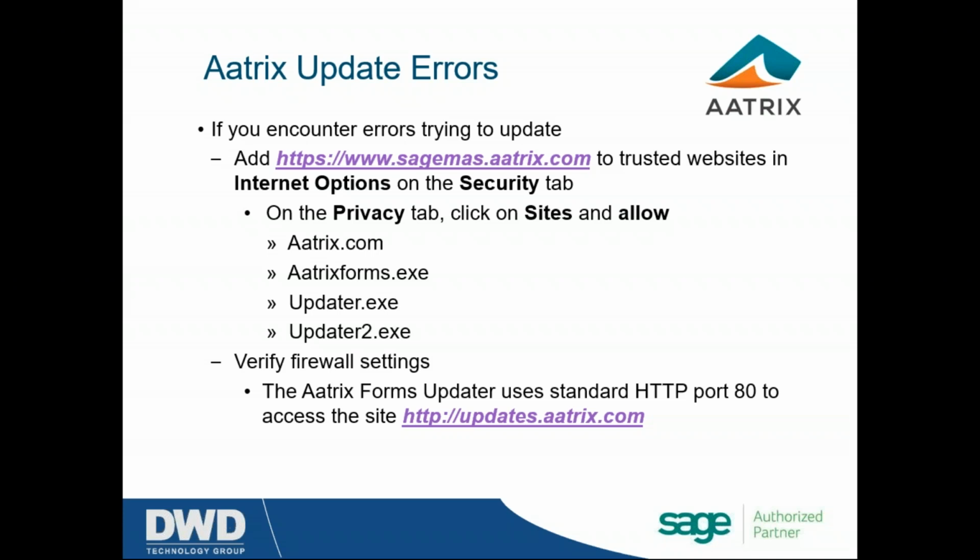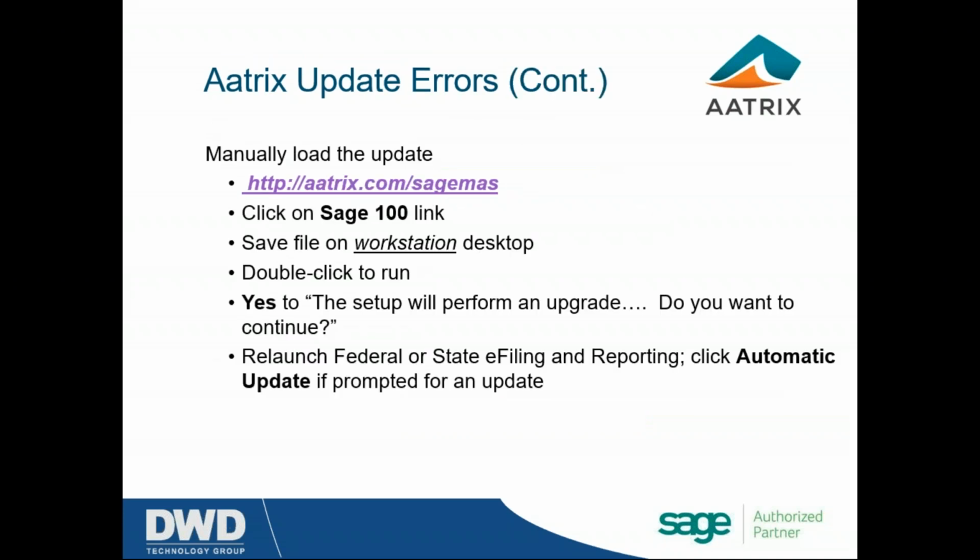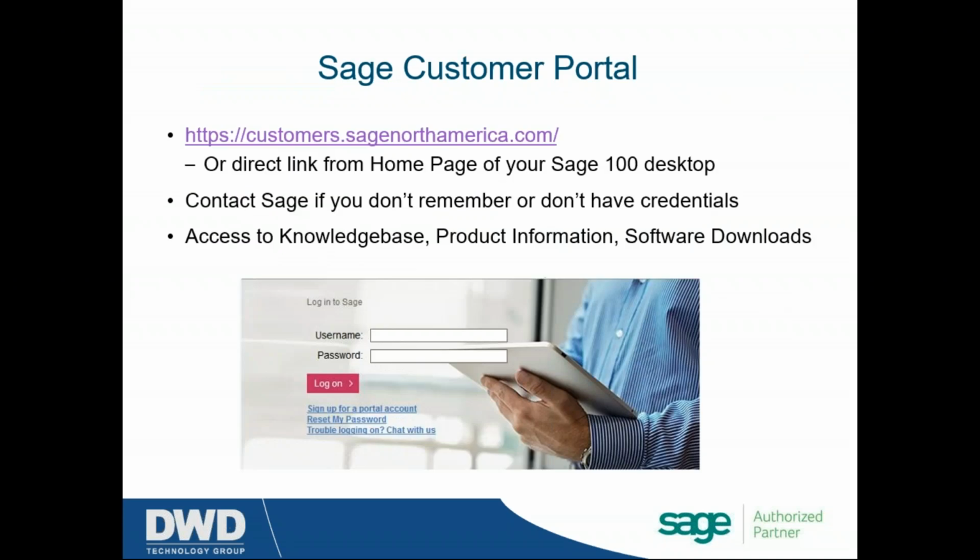There's obviously a lot of dangerous stuff out there on the internet, and if you just allowed everything to come through, certainly that's not what your IT department wants either. So again, here are some of the things that you'll find on that knowledge base entry. I'm not going to read every single thing on this slide. You can go through these if you run into issues with updating your Sage.